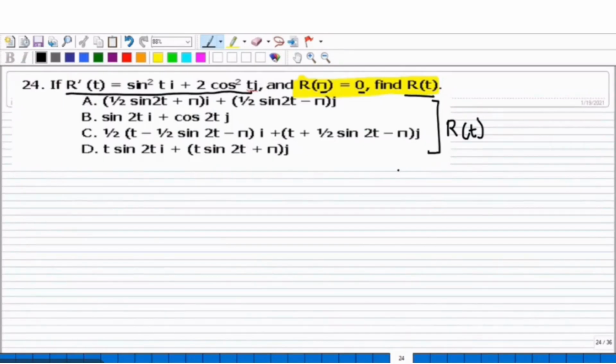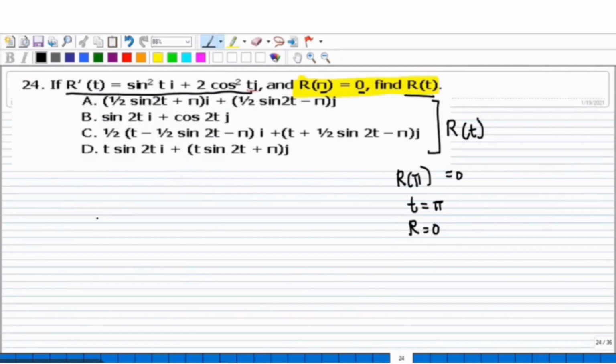Take note po, r of pi is equal to 0. Ano ibig sabihin po niyan? At t equal to pi, your r will be equal to 0. Hahanap po tayo sa choices natin wherein kapag sinubstitute daw natin yung pi, yung ating resulting value of your r will be equal to 0.